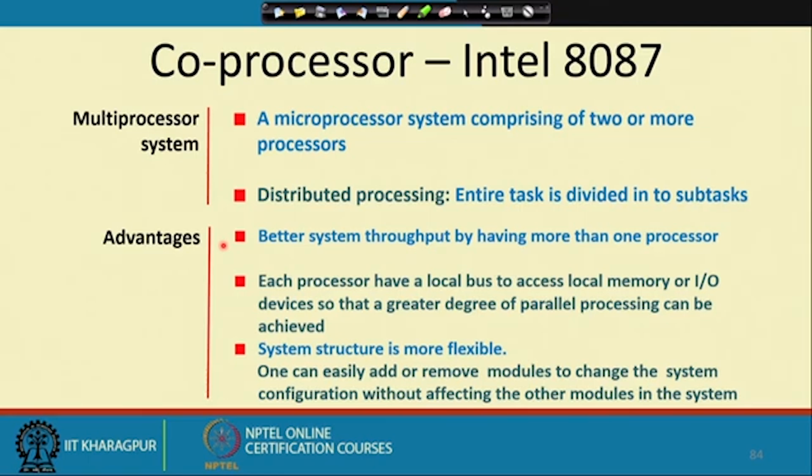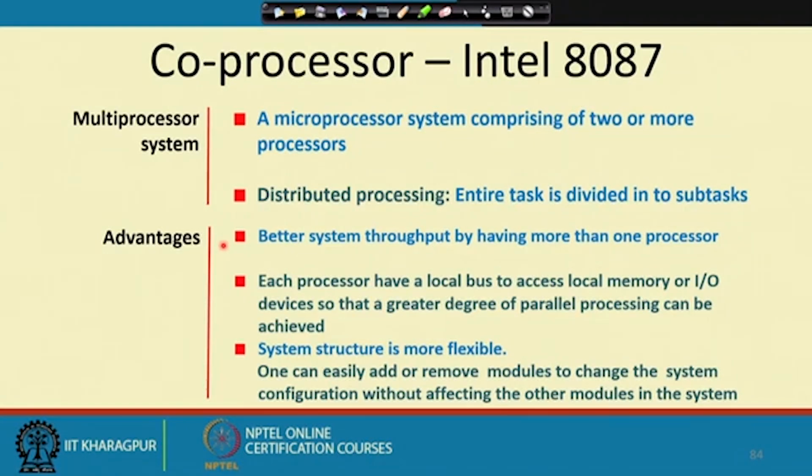Each processor will have its local bus to access local memory or IO devices, so that a greater degree of parallel processing can be achieved. The processor will have a local memory and local IO ports, in which it will be accessing memory locations and IO ports locally.